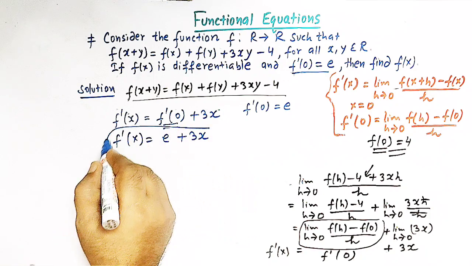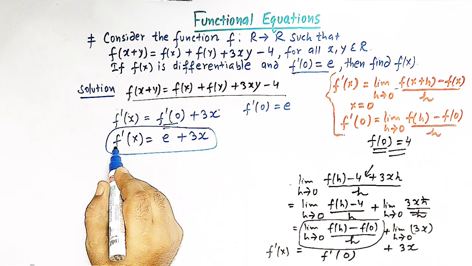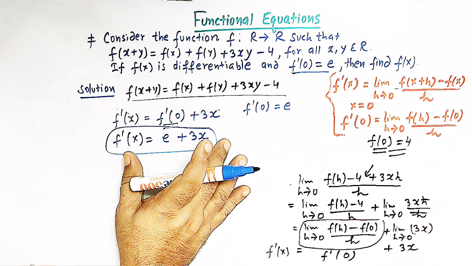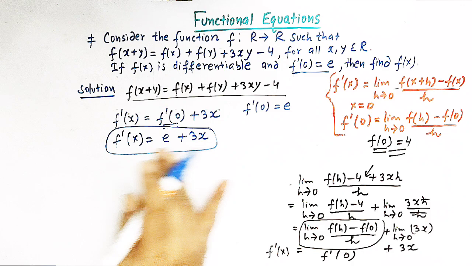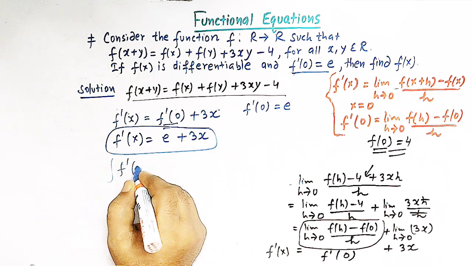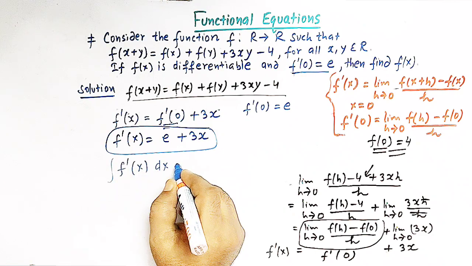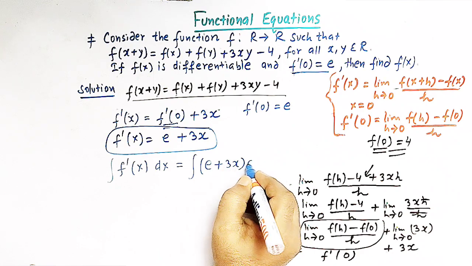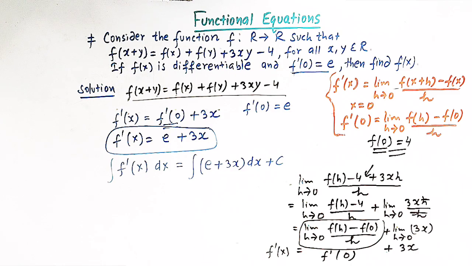Now see, the right hand side is a linear function, and here we have the derivative of f(x). So this is a differential equation, and we have to solve it by integrating both sides. So we have integral f'(x) dx equals integral (e + 3x) dx, plus c, where c is the constant of integration.